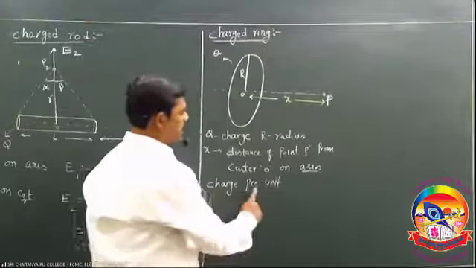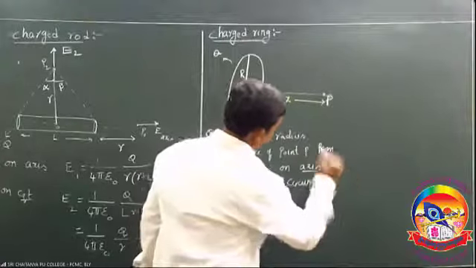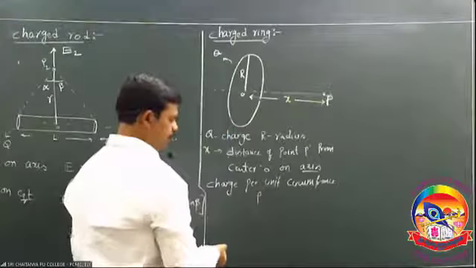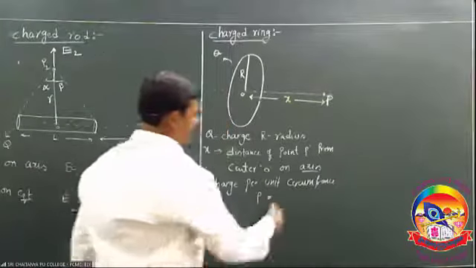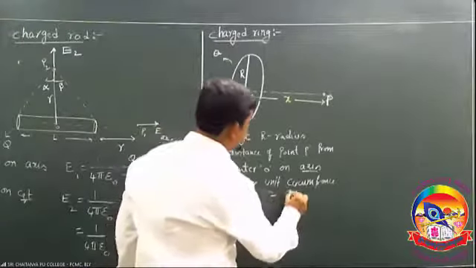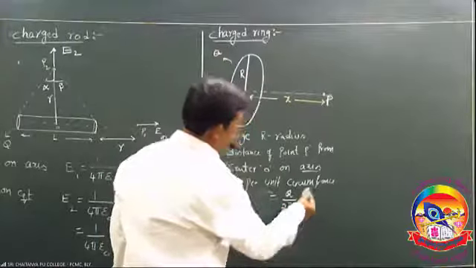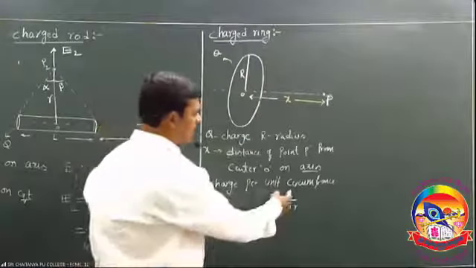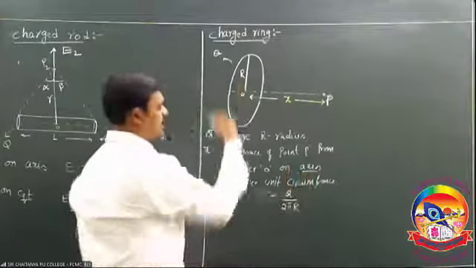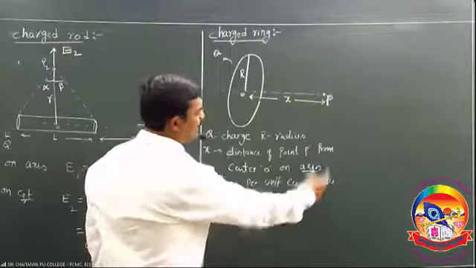So what is the charge per unit circumference? Generally, sometimes it is taken as rho, or lambda also you can write. Q by, what is the circumference? 2 pi R. Q by 2 pi R, where capital R is the radius of the ring, right? This is the charge per unit circumference.